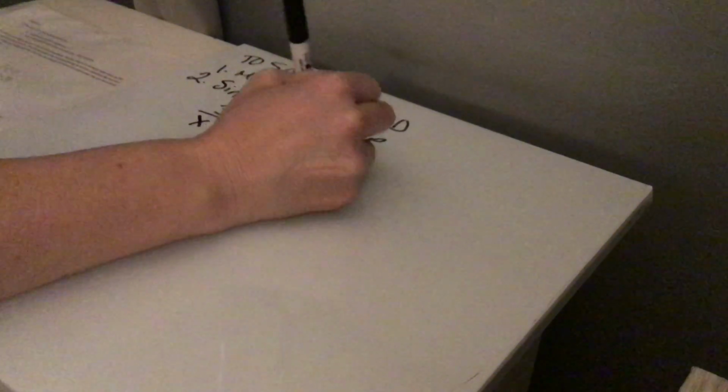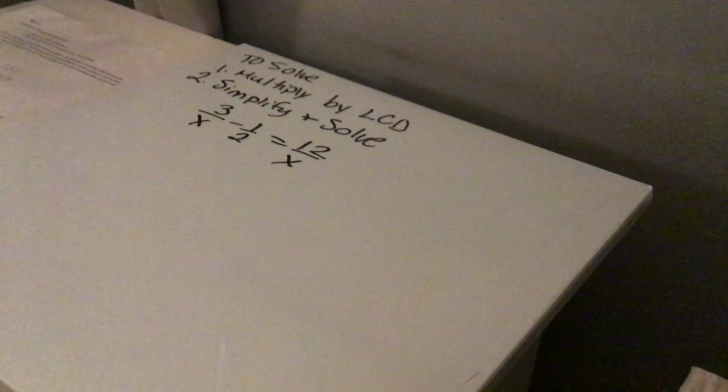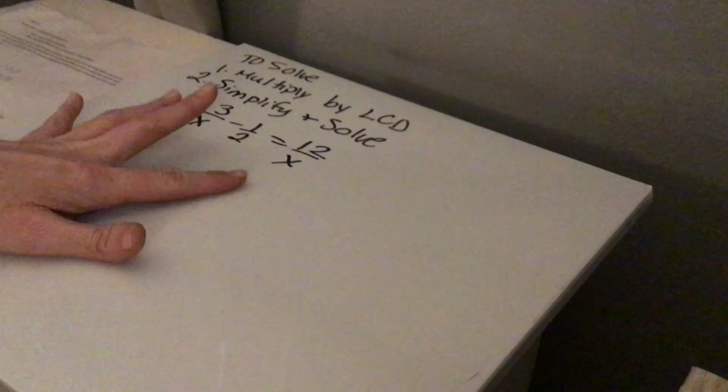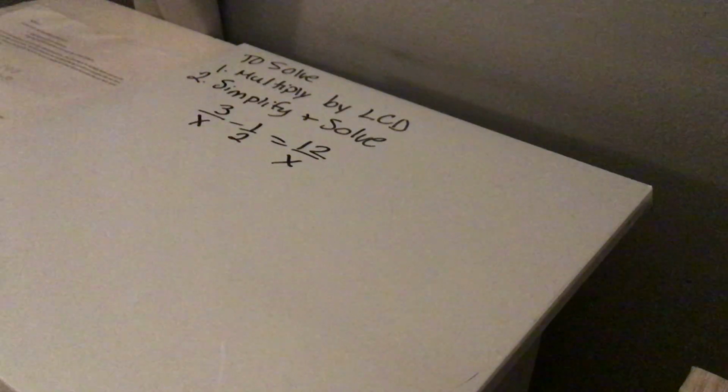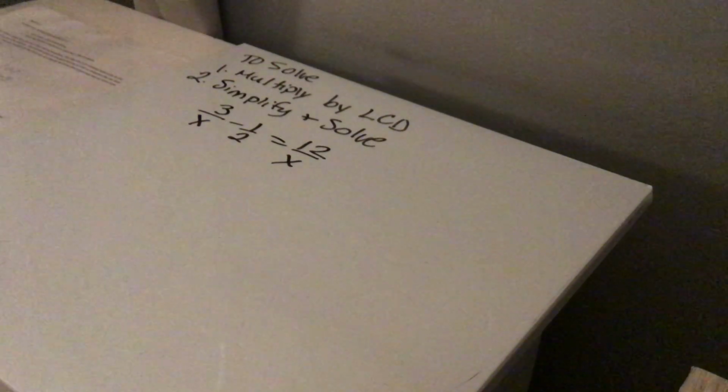Okay, so 3 over x minus 1 half equals 12 over x. This is now a rational equation. It's got rational expressions on both sides and an equal sign in between. So our goal is to solve. We want to get x by itself.